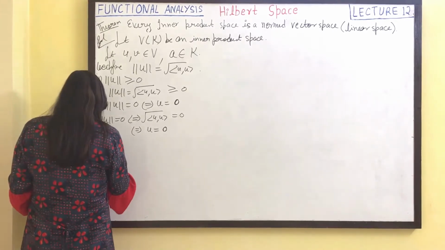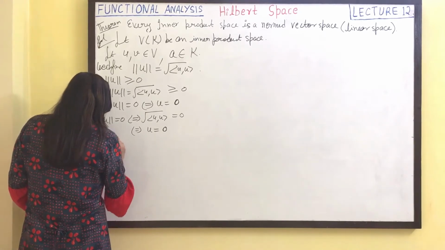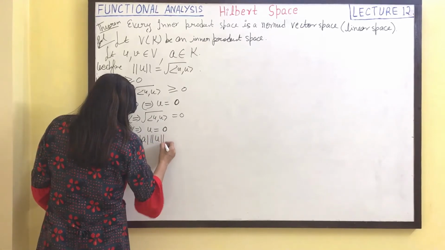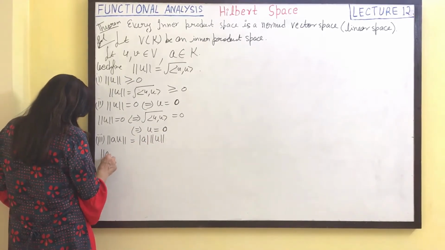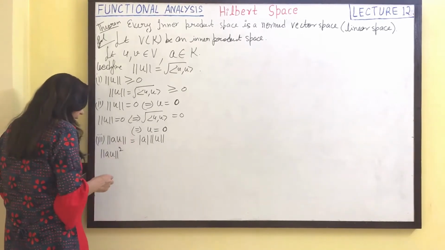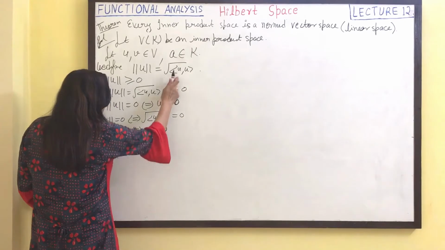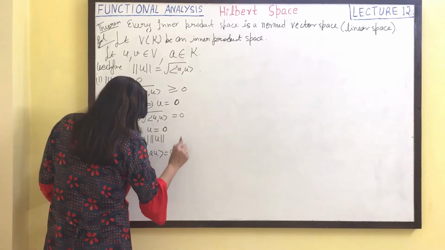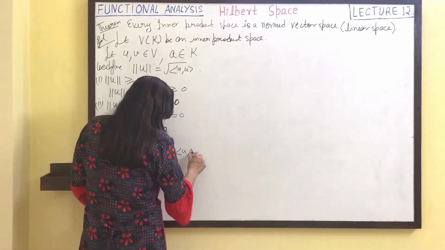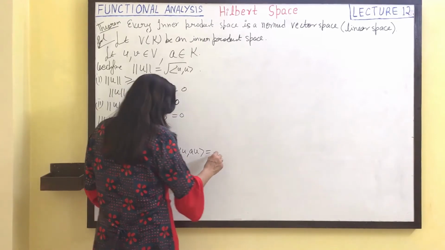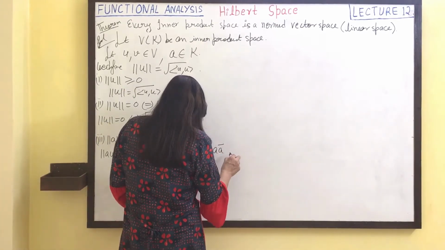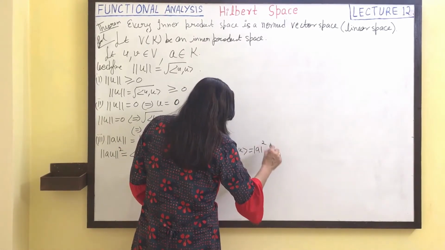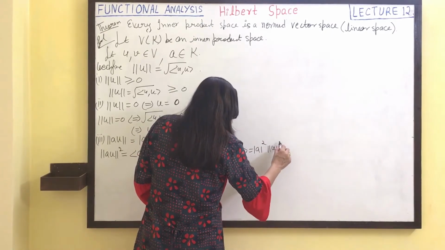Now we come to the third property. Norm of au is equal to mod a multiplied by norm u. We start from norm au squared, and according to this definition it can be written as au comma au, and again it can be written as a multiplied by a conjugate, and it is u comma u, and it is nothing but mod a squared and norm u squared.